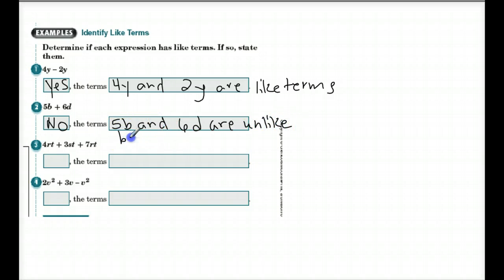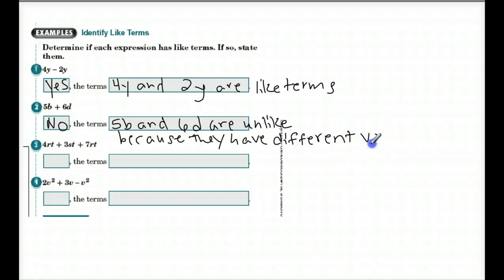Why is that? It's because they have different what? Coefficients? No, all the coefficients are different. Different variables. It says 4RT plus 3ST plus 7RT.